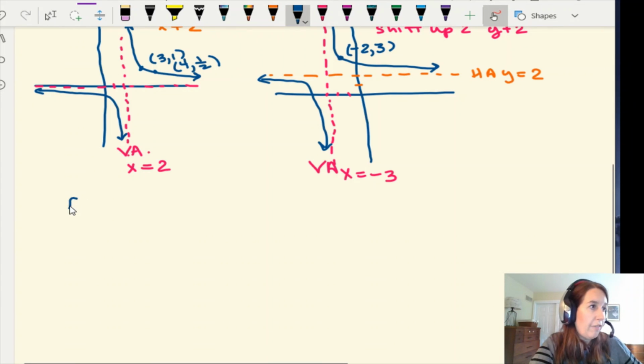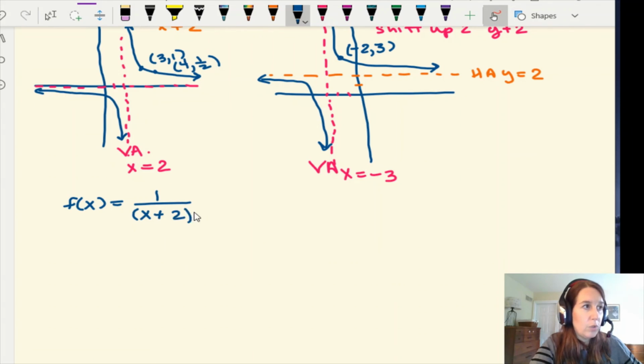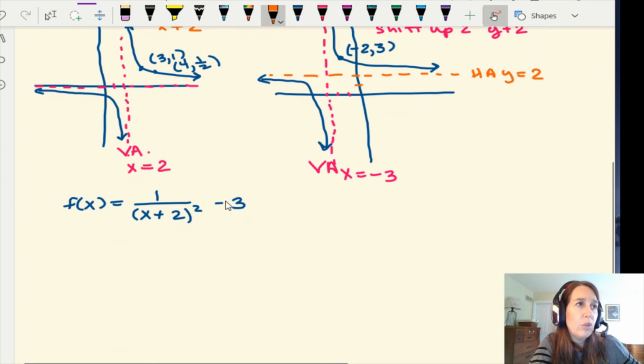Okay, f of x is equal to 1 over parentheses x plus 2 squared minus 3. Okay, so I want to show you this one because it is the squared version of the graph. So we still just have really 2 transformations, and the one is that plus 2 in the horizontal direction, so that would be a shift, let's see, to the left 2.